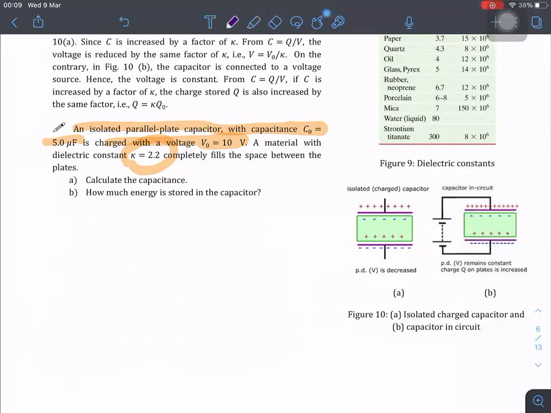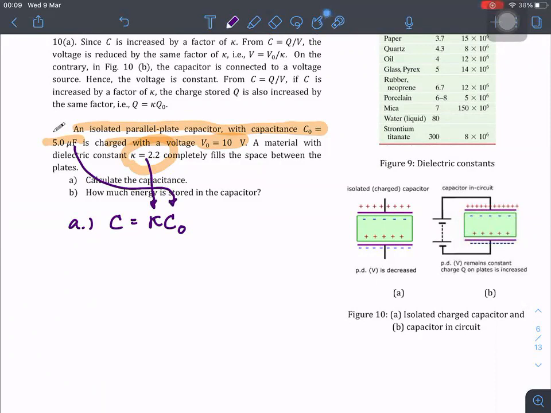Firstly, they ask us to calculate the capacitance. It's pretty easy. The new capacitance is just the kappa factor times C0, the capacitance with no dielectric.